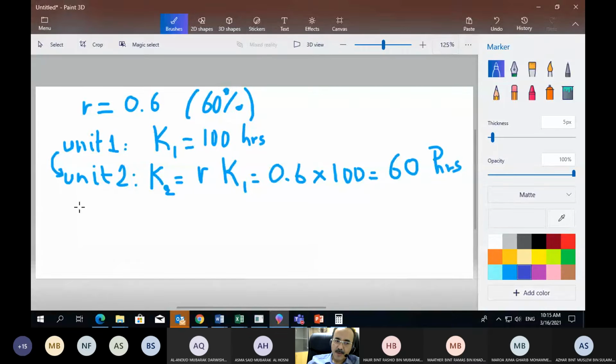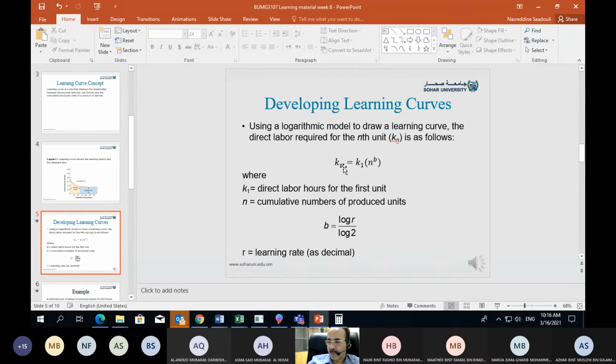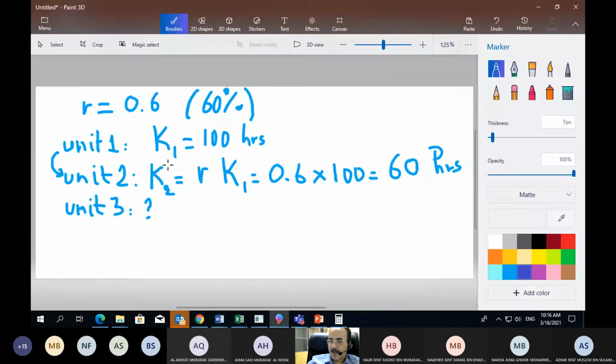How about for unit 3, the third unit? Well, we cannot do this using just the learning rate. If I'm talking about the third unit, then I must use the formula, which is Kn is K1 times n to the power of b. The learning rate applies to every time that the production is doubled. So therefore, this will be for the fourth unit.